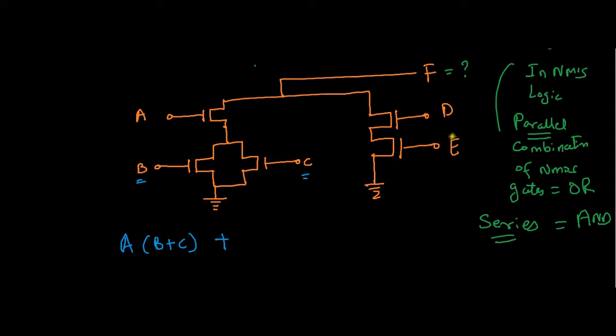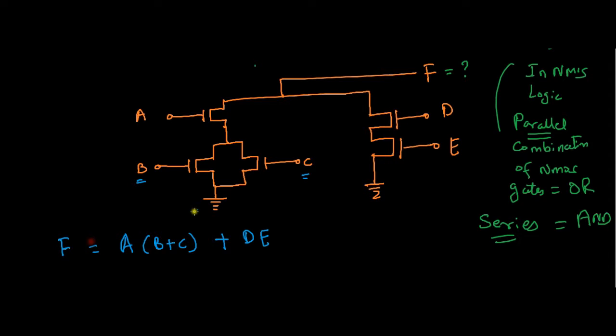This DE is in series, and a series combination means AND, so this will be D and E. The total F will be equal to this.